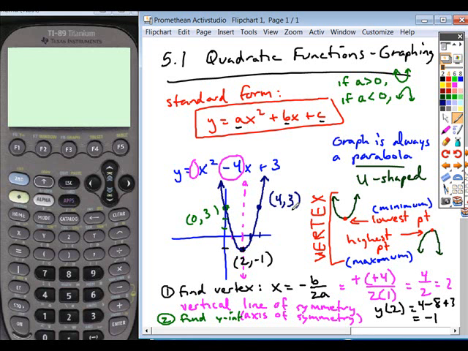The only time where you have to choose a different set of points than the y-intercept and its mirrored corresponding point is if your vertex lies on the y-axis. If that's the case, then that is your y-intercept, so you just have to find another set of points. And you can choose any that actually fit. You can just pick a value for x, find the corresponding y, and then move to the other side of the graph as well.